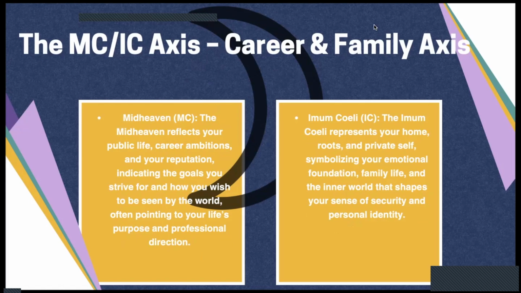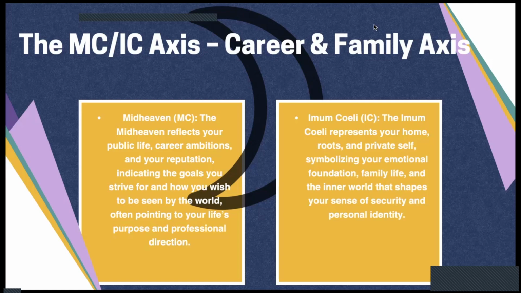So usually when people come to me for a reading and they want to know about their career, what they should be doing with their life to make money, they are inquiring about their midheaven, their 10th house, their public image, their legacy. And it brings in other factors as well when you're doing a career reading for somebody.